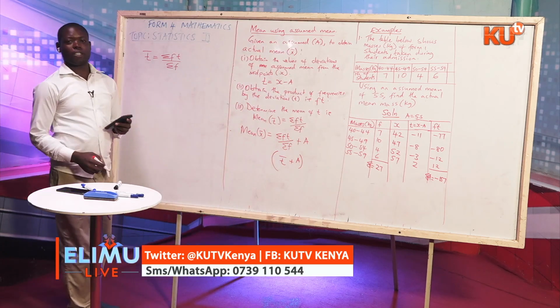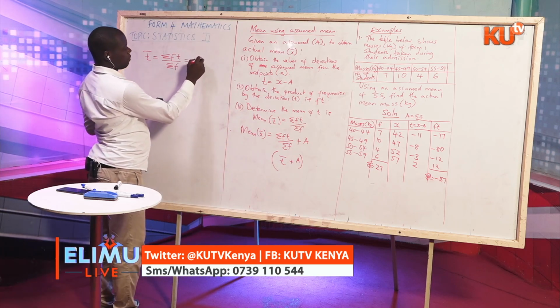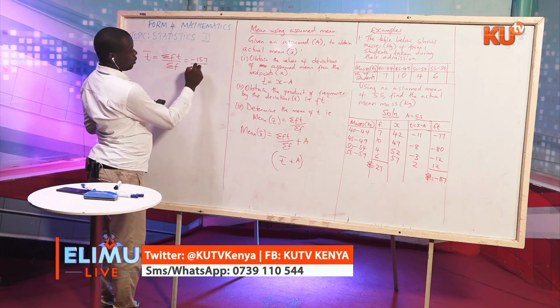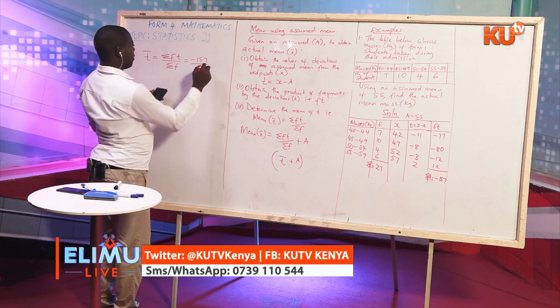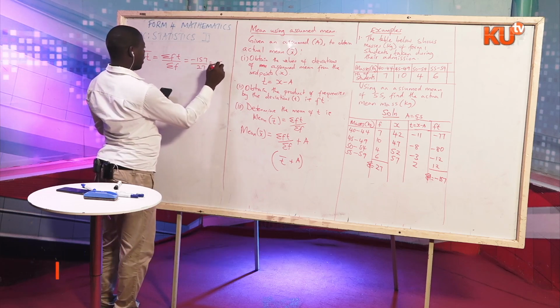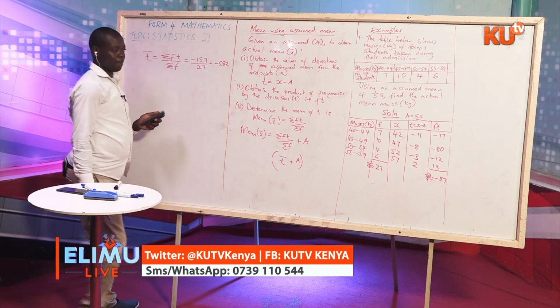Therefore, what's the mean of t, students? It's negative 157 over 27. 157 divided by 27 gives us negative 5.82 to 2 decimal places.